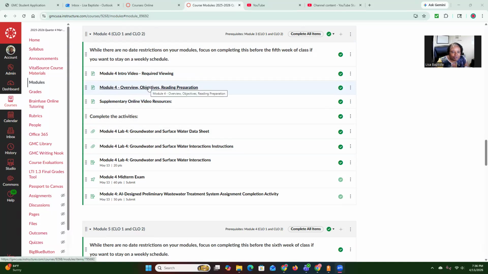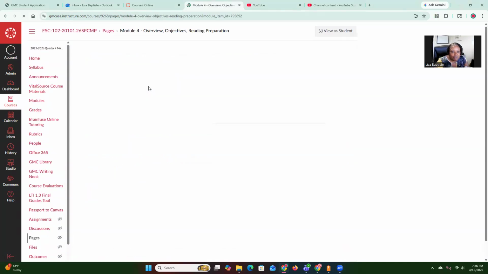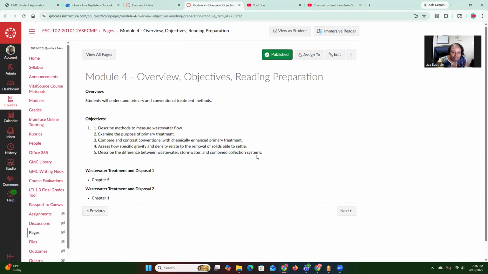And we're going to go through the overview, objectives, and reading preparation. So the overview, students will understand primary and conventional treatment methods.